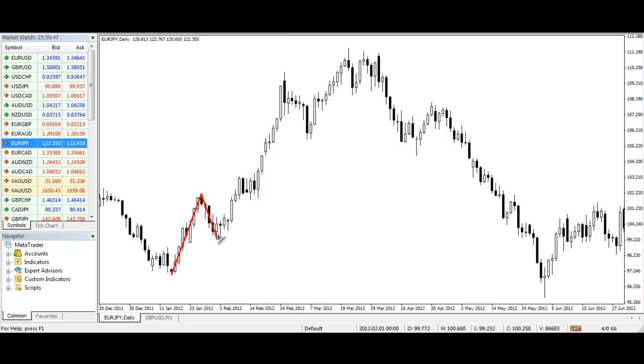We then have a phase 2, which is moving against the overall trend, and we can see this small phase 2 here is, roughly speaking, half the size of the phase 1. We now look at the next move to the upside, which is a very large phase 1 move in the direction of the trend.